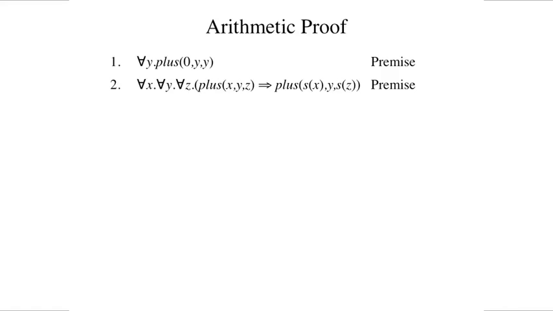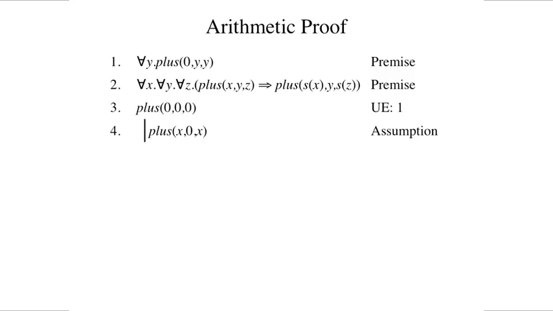As usual, we'll start with our premises, the left identity rule, and the other rule defining plus. We use universal elimination on the first premise to derive the sentence on line 3. Plus of 0 and 0 is 0. All right. This takes care of the base case of our induction.